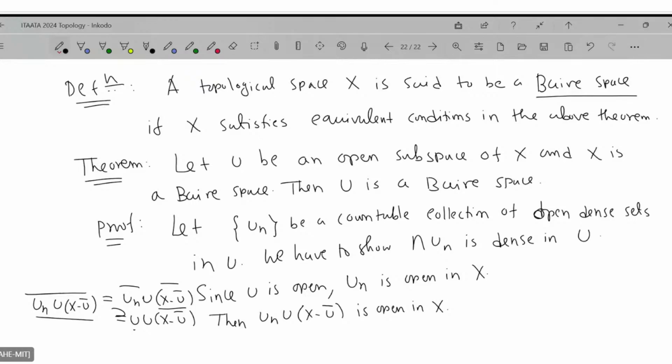Okay, let's say it is dense for now. Then we'll see what we can do.